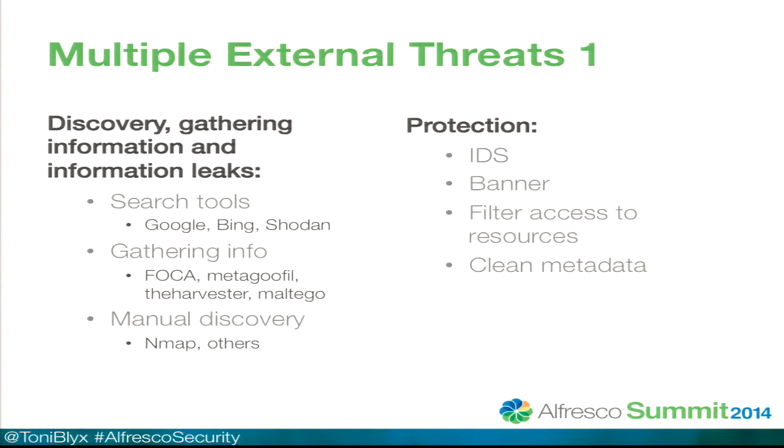You can discover users, passwords. I don't know if you remember my talk 3 years ago about how to get into systems using metadata, with applications like FOCA, MetaGoofil, and these kind of things. So it's really, really easy to get information from a target and to try to get into their systems.